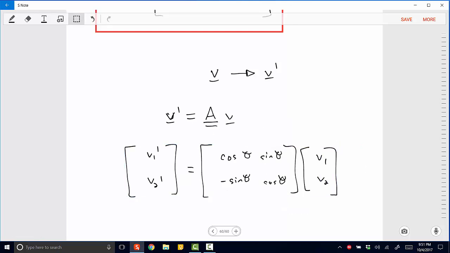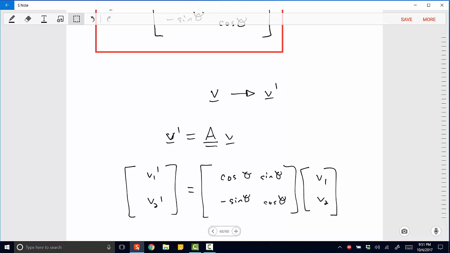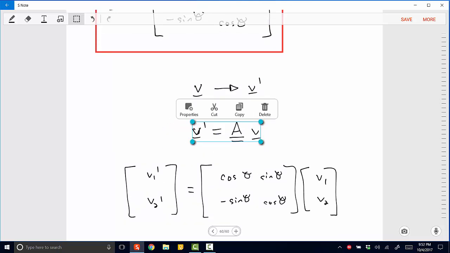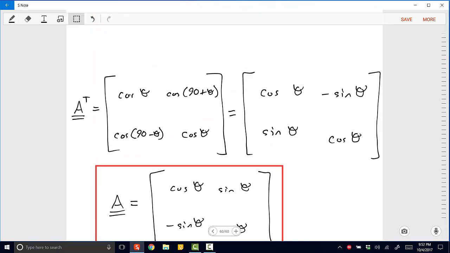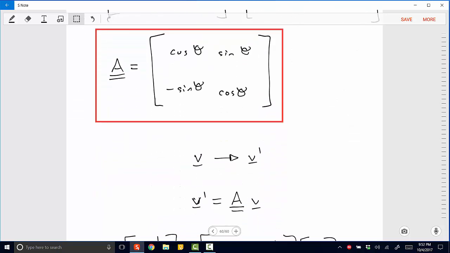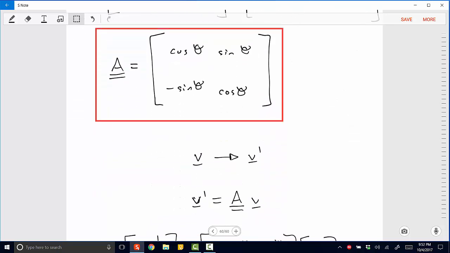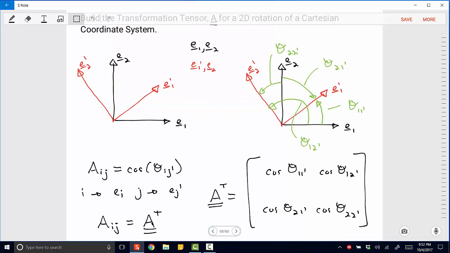Now we can actually derive this transformation tensor in a little bit easier way if we define the components of the base vectors e1 and e2 that are projected in the e1 prime and e2 prime directions. We can ask what components of e1 and e2 are projected in e1 prime's direction, and what components are projected in the e2 prime direction.